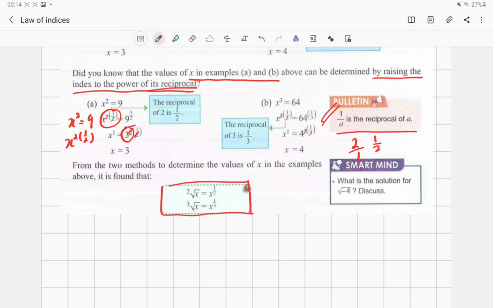So what we can conclude here is that the nth root of a is equal to a to the power of 1 over n. This one is another law of indices.